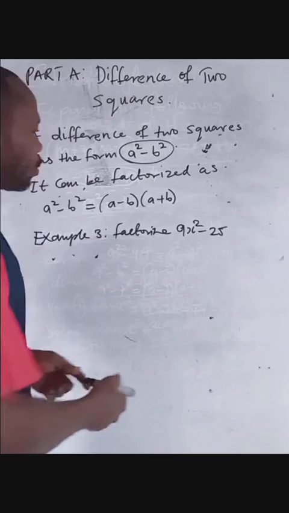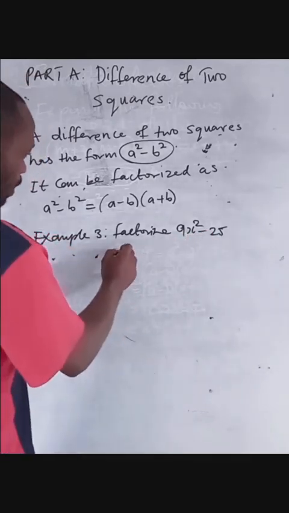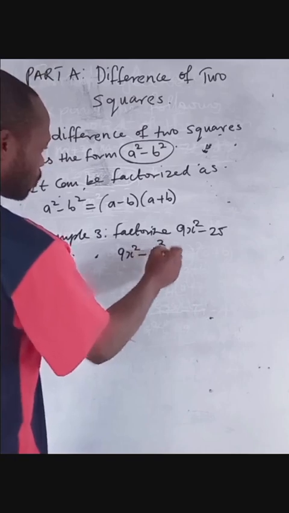In this example, 9x squared minus 25 can also be expressed as 9x squared minus 5 squared.